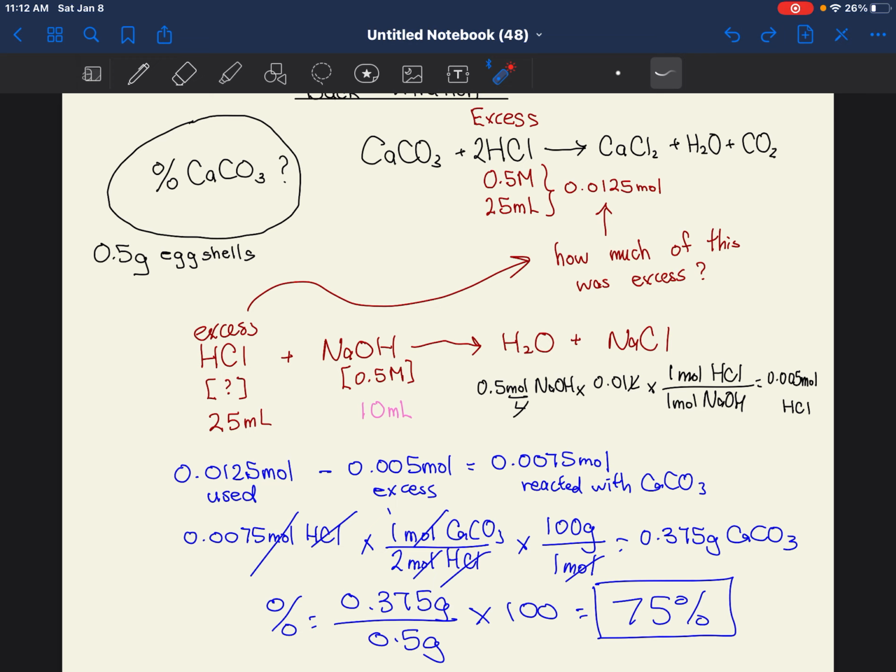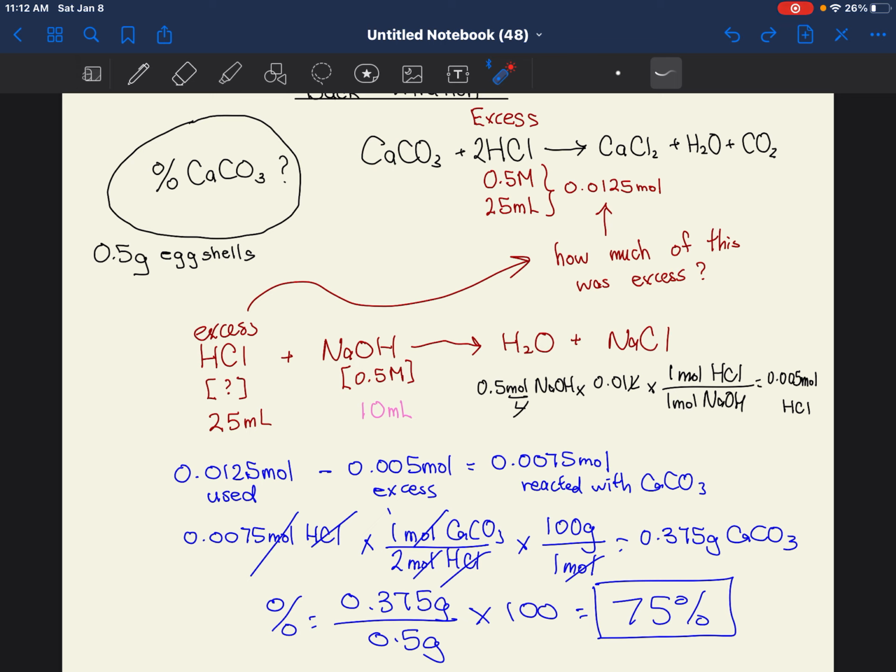Different types of eggs have different percentages of calcium carbonate. Even the same type of eggs will have different amounts. Not all of us have the same amount of calcium in our bones. Some of us have more, some of us have less. A strong guy like myself will have more, some weak dude would have less. Duh. So I want to know what the percentage of calcium carbonate is.